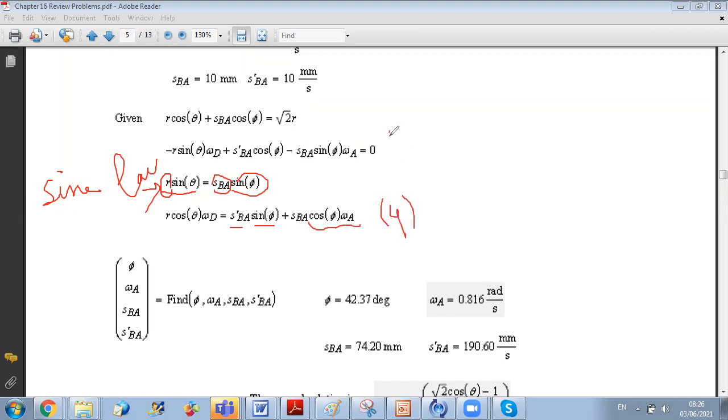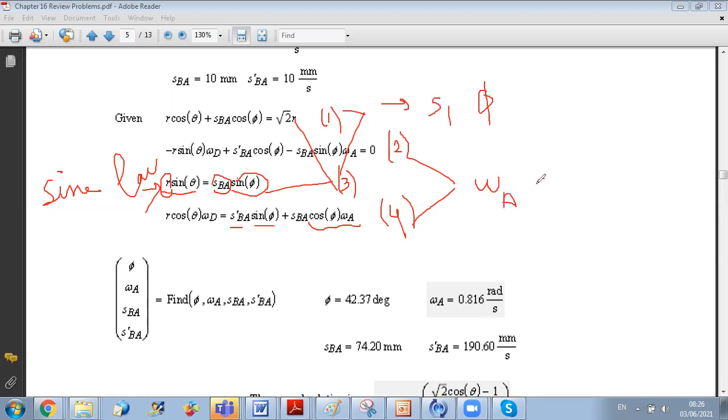And now, if you combine 2 and 4, you will have 2 equations with 2 unknowns. After finding from 1 and 3, so 1 and 3 will give you the unknowns s and phi. And once you find s and phi, you replace into 2 and 4 to get omega A and s prime.